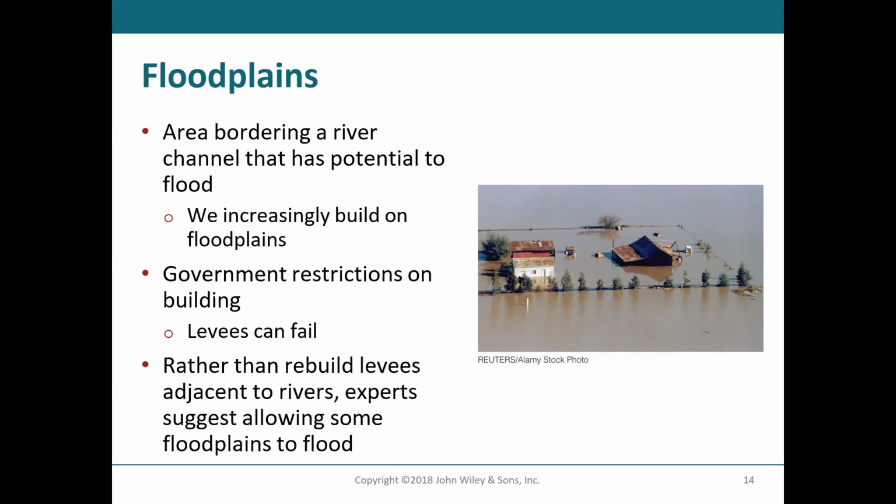And by increasingly building on floodplains, we increase the likelihood of a flood and the intensity of the flood to damage properties, to harm wildlife, to harm plants, etc. With people noticing that building on floodplains has become a problem, there are now government restrictions on building, particularly after Katrina in 2005, where we saw all these levees failing around the Mississippi River Delta to contain the storm's impact. There are now restrictions on floodplain building.